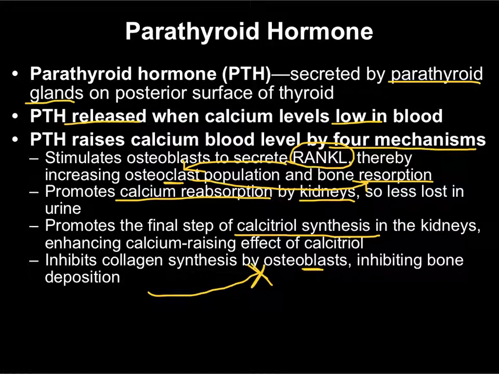So if you're going to increase your osteoclast population, then you want to turn off your osteoblasts. We're not going to kill them because we're going to want them later on, but what we do is we tell them stop laying down collagen. Without laying down collagen, there's nothing for the calcium to crystallize around, and it prevents our increased calcium in the blood from just recrystallizing on the bone again.